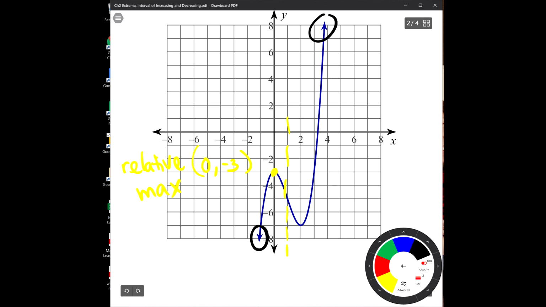And then similar to that, I will look at the other interval, and within this interval from 1 to infinity, I see that my lowest point is 2, -7, and this will become my relative min. Right? So hopefully this video helps you understand more about characteristics of functions.